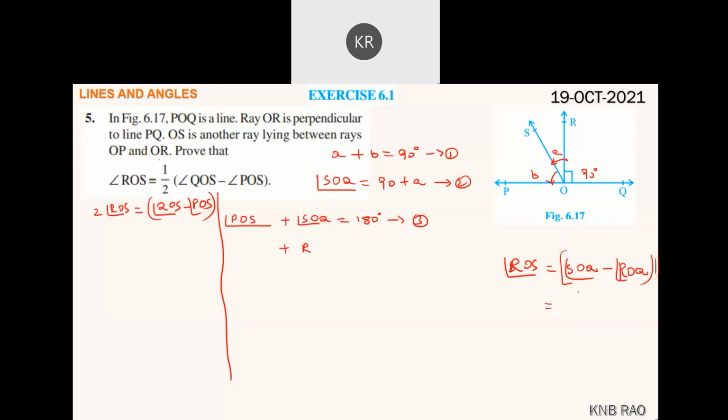This is angle ROS. So obviously it is 90. ROQ, by substitution, I can make it POR. So here angle ROS, A, B plus angle ROS plus angle 90 degrees. If I bring it also, it's 180 degrees, and B plus angle ROS is 90 degrees, and here two times angle SOQ.